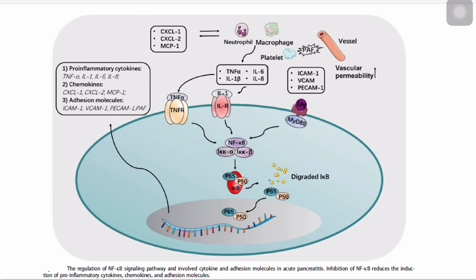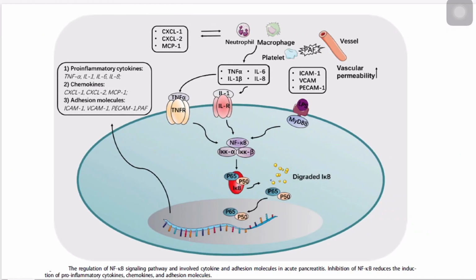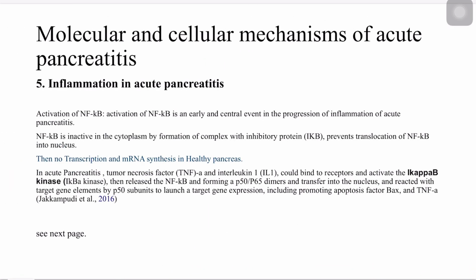And as I mentioned here, NF-kappa B is inhibited by the IKB, okay, and translocation to the nucleus is prevented. As you see here, it is the IKB, and it inhibits the NF-kappa B, and there is no transcription and mRNA synthesis in the healthy pancreas.